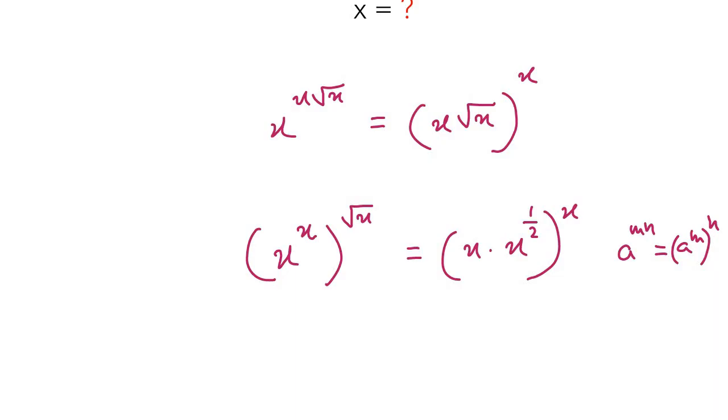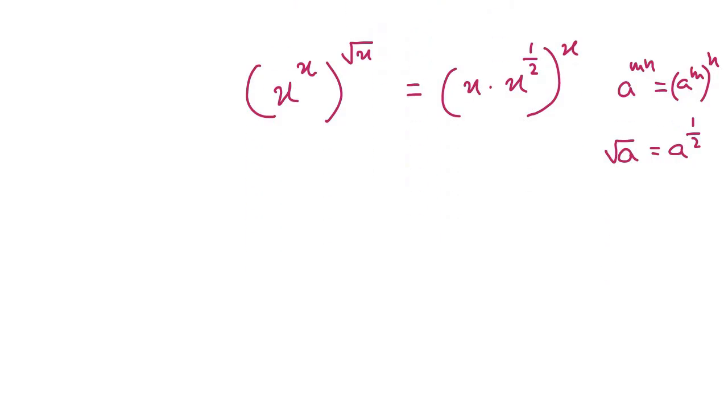Means we can take one power out and write the whole of that power. Again, square root of a equals a to the power half. So we have used these two rules.